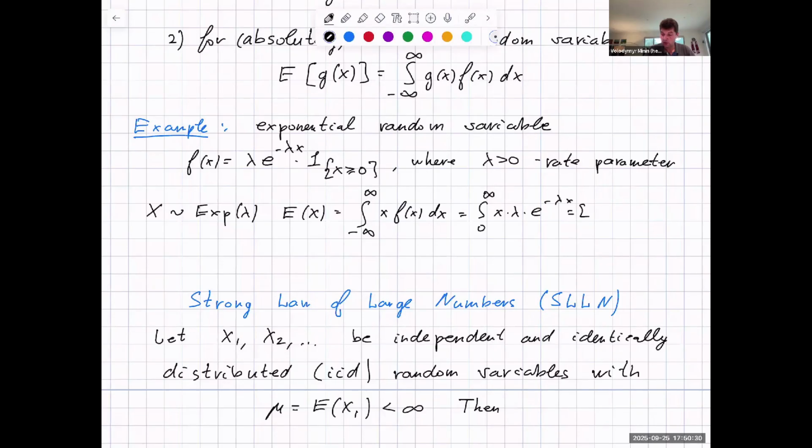Then you do integration by parts, which I will not do right now. Integration by parts will give you 1 over lambda eventually. So mechanically, that's how you can compute expectations for simple things for which you can do analytic integration.